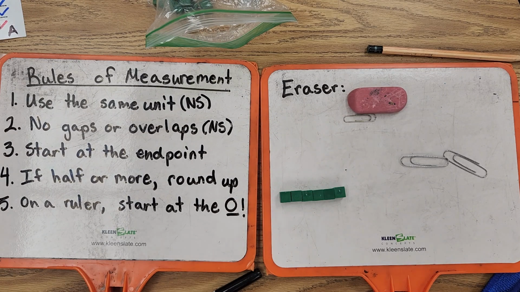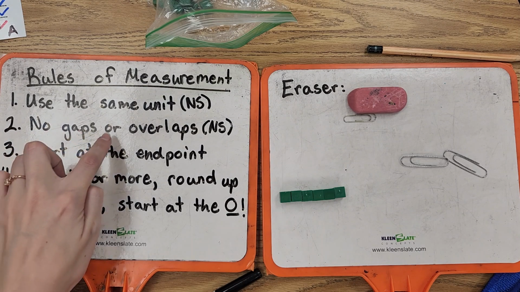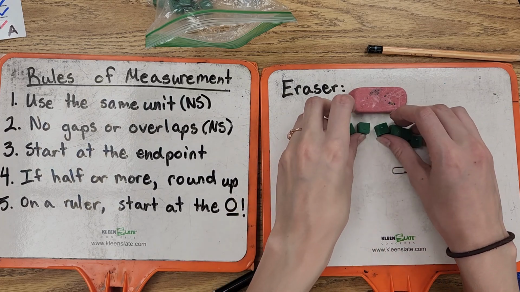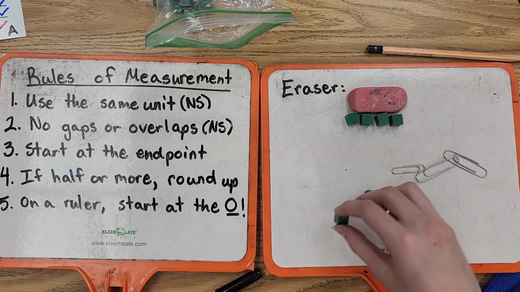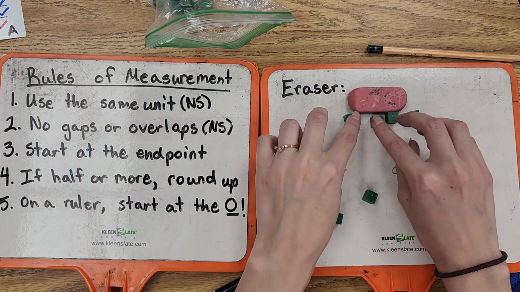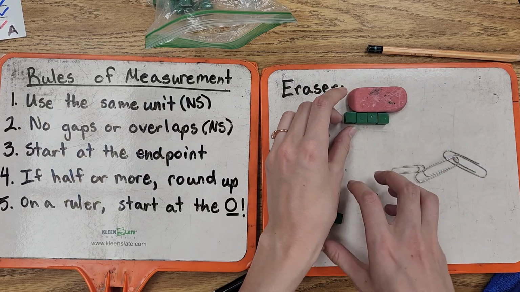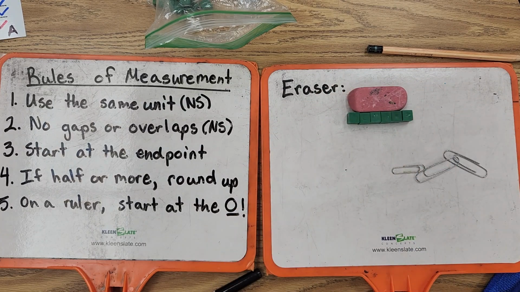One of the other things we have to worry about with non-standard measurements that we don't have to worry about with our ruler is rule number 2: no gaps or overlaps. When we're using the centimeter cubes, make sure there are no gaps. If I leave gaps, I could say that this is 4, but that's not a good measurement. I have to push them together with no gaps to be able to tell what the true measurement is.